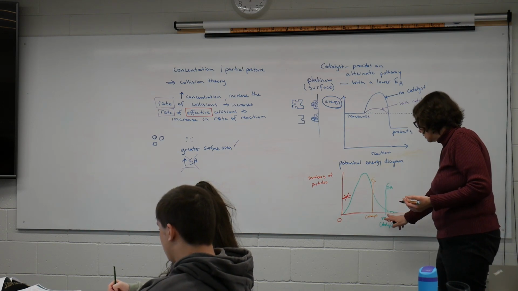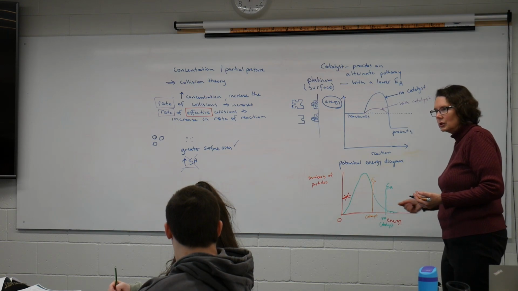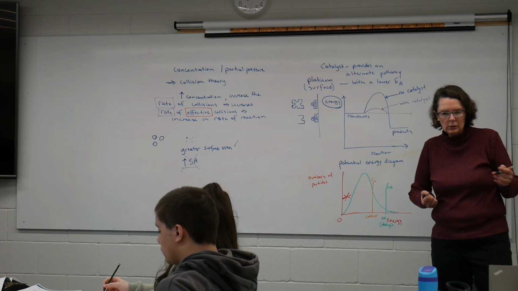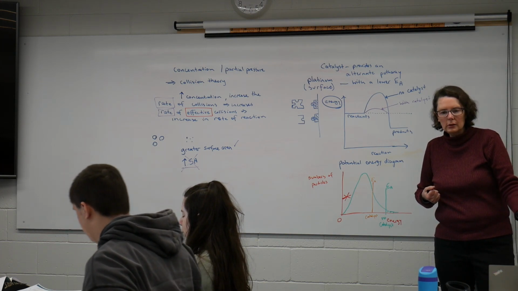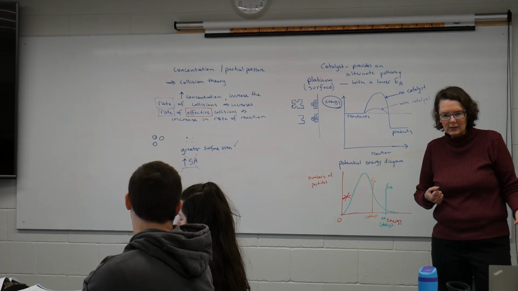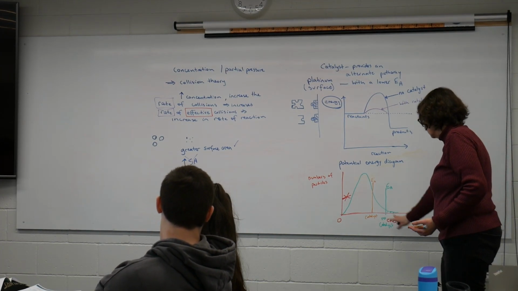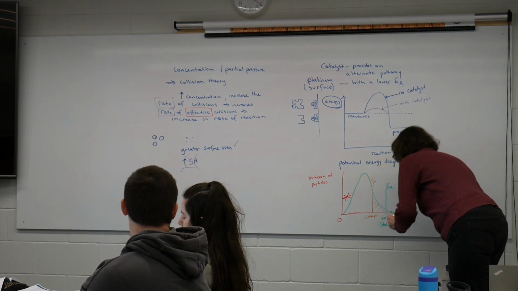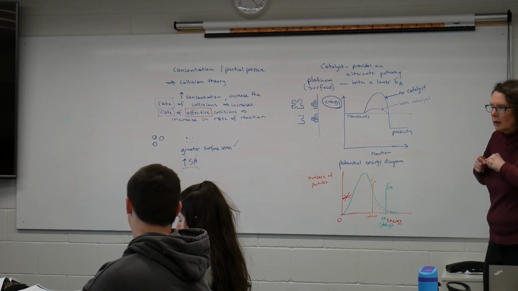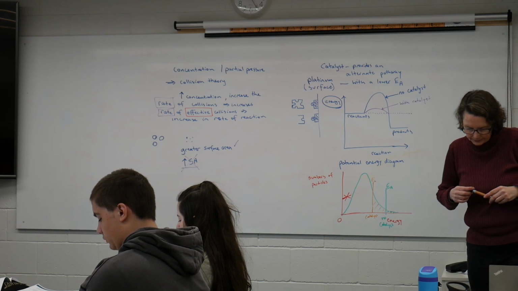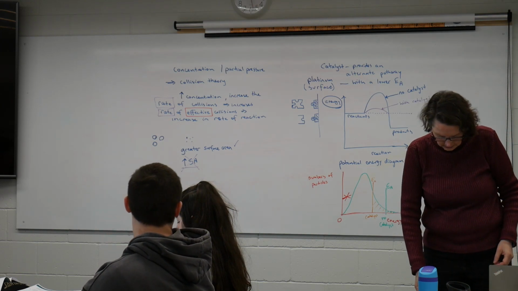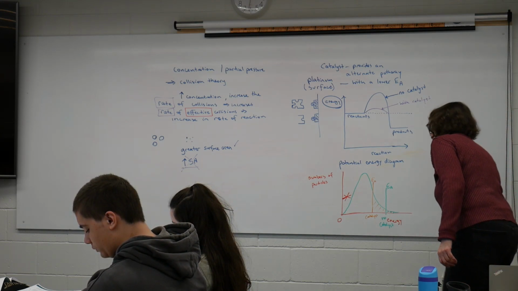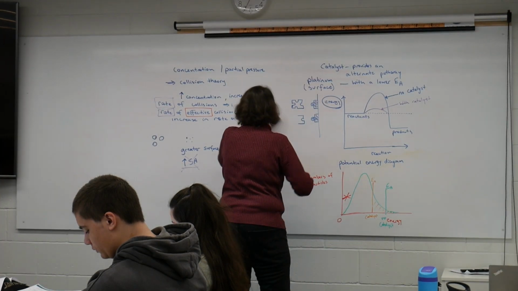And so all I've done is I've changed the finish line, if you like. I've made it easier to reach the finish line by providing this alternate pathway that requires less energy. Okay, does that make sense? So now with a catalyst, we've got many more particles with sufficient energy to react. Right, now let's look at temperature in the same way.